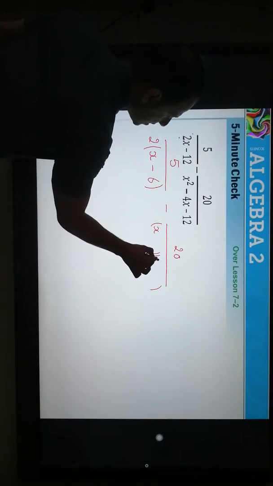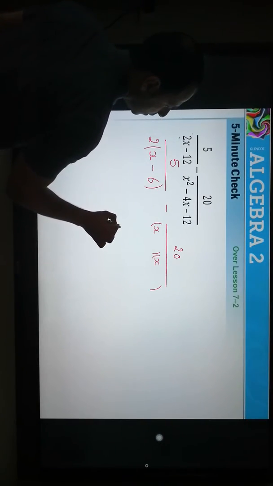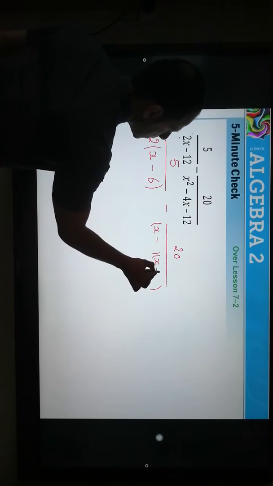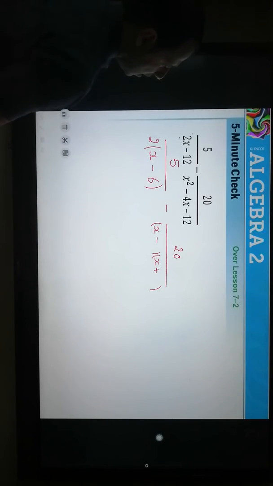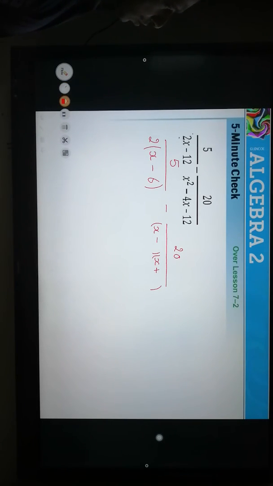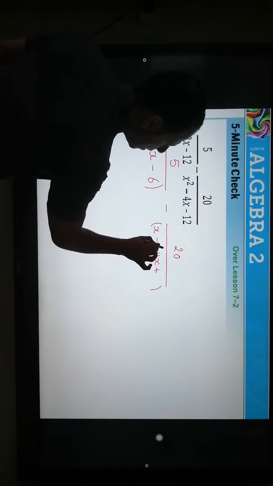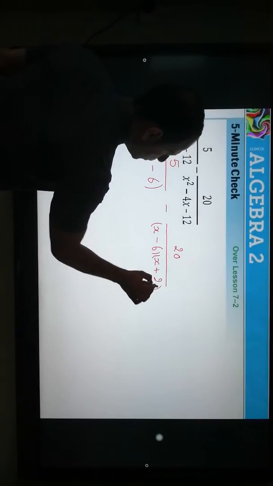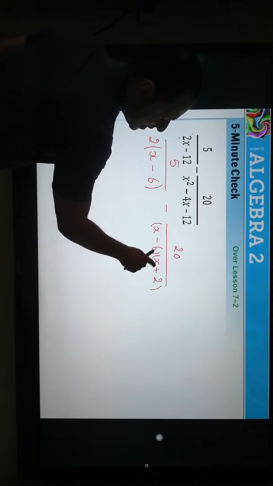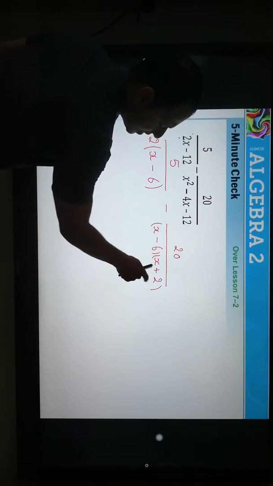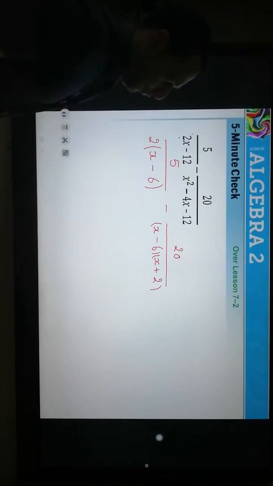Here x and here x. Different signs. The product is 12 and the difference is 4. The bigger number with a negative sign, so we have 6 and 2, because if you multiply, you get negative 12, negative 6 and positive 2 becomes negative 4.